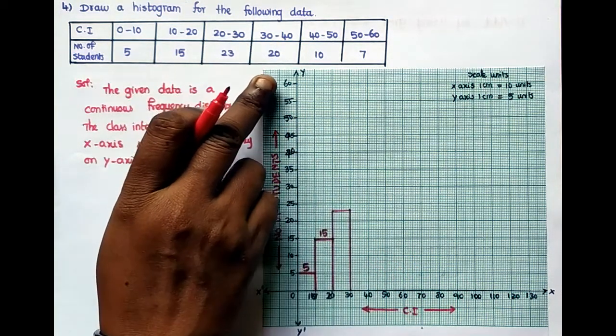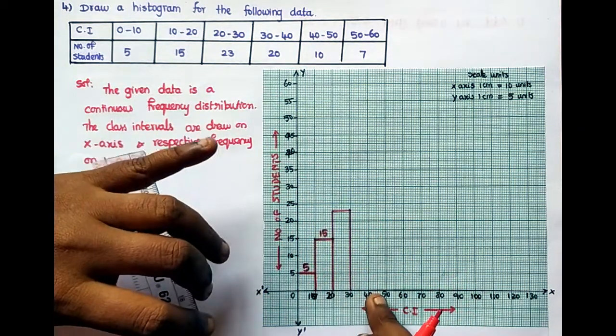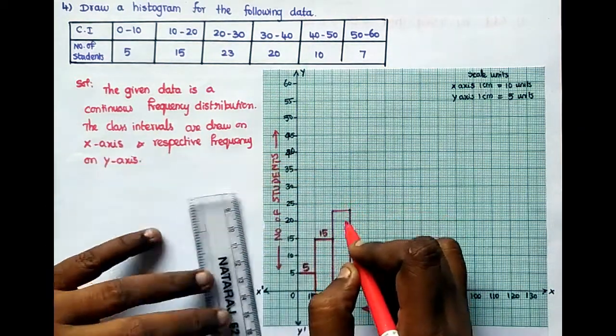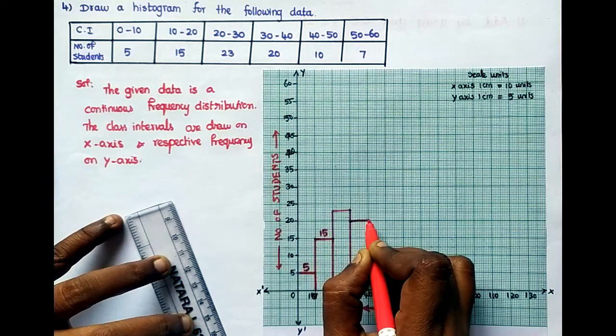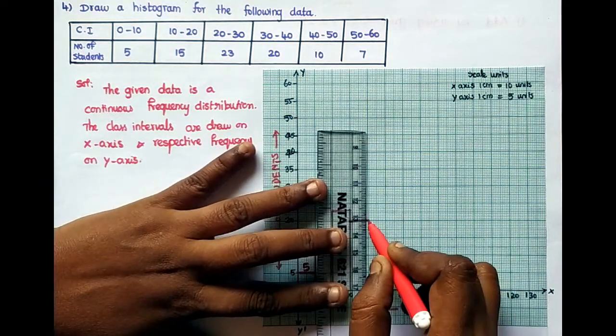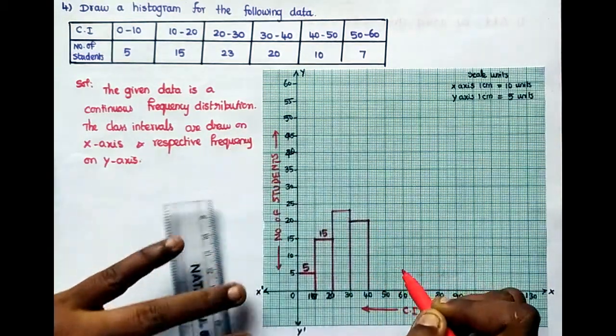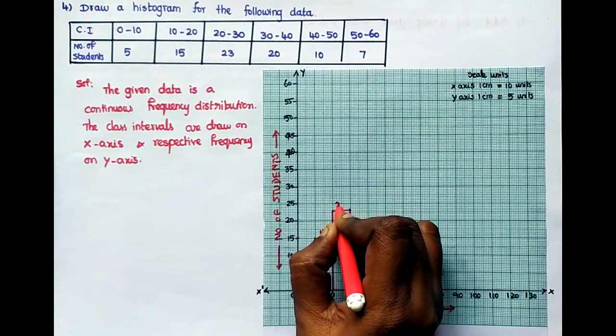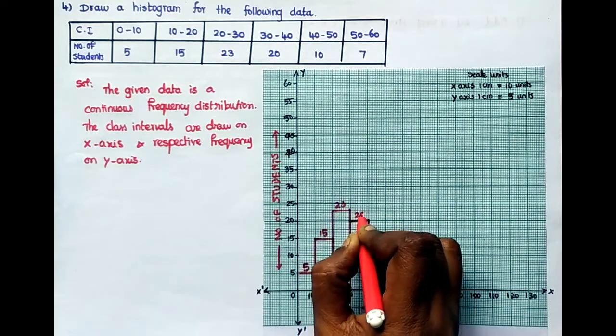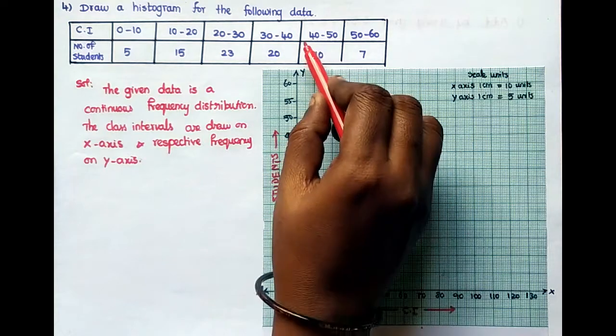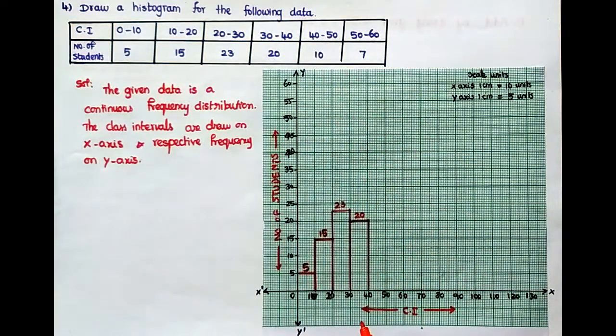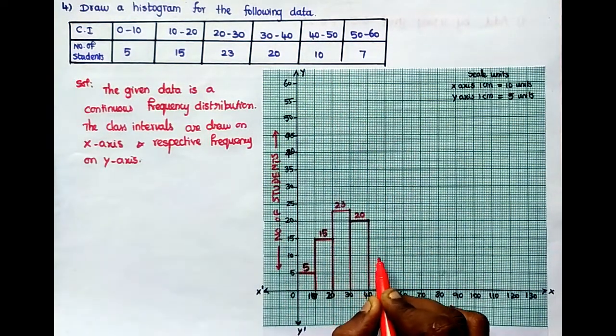Next one, 30 to 40, 20. So here 20, and draw the rectangle. Here 23 and here 20. Next one, 40 to 50, 10.